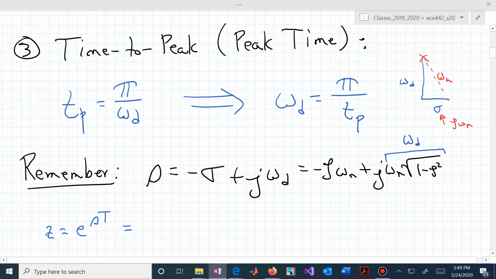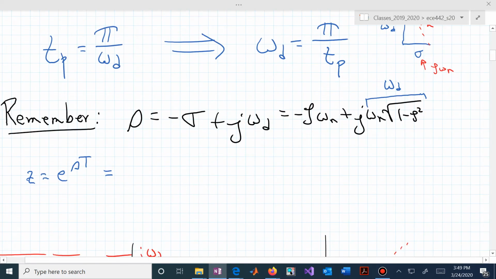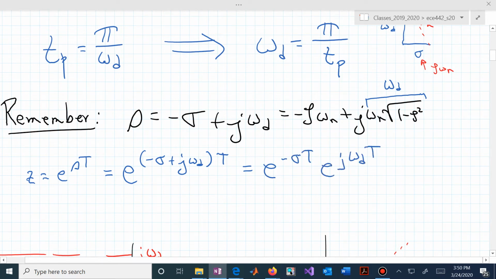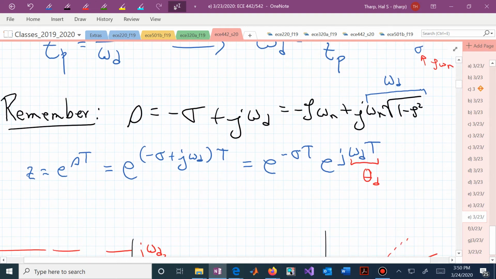If we plug that parameterized form in for e to the st, now we have e to the minus sigma plus j omega sub d, times t, or this is now e to the minus sigma t times e to the j omega sub d t, where this last exponential is our angle associated with the location in the complex z-plane.